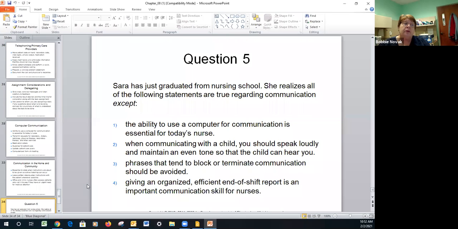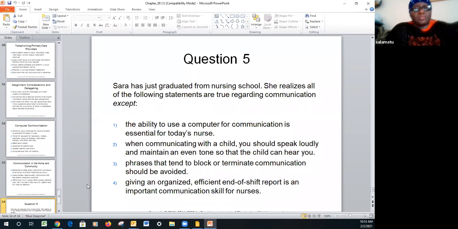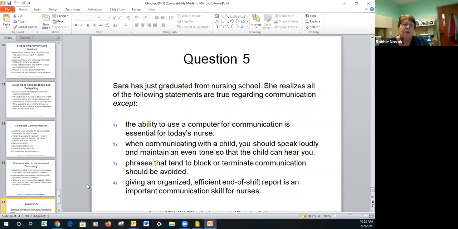No, 3 is true. We want to avoid things that are going to block communication. 2 is correct. When we're communicating with a child, we don't want to speak loudly, right? We want to keep it a calm, even tone. So the correct answer here is 2.